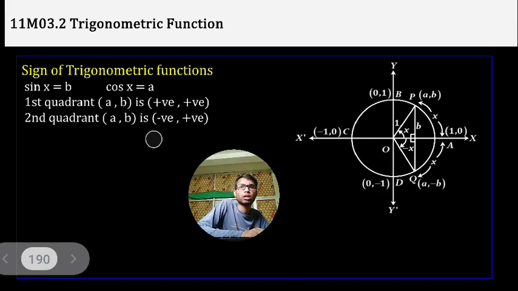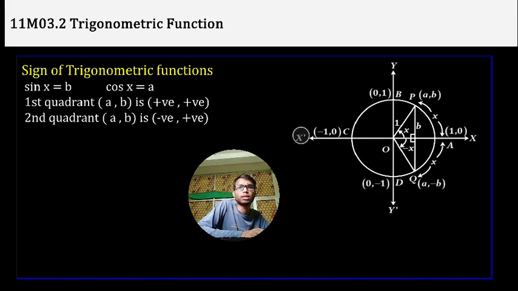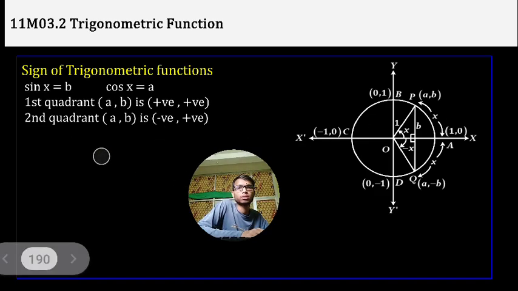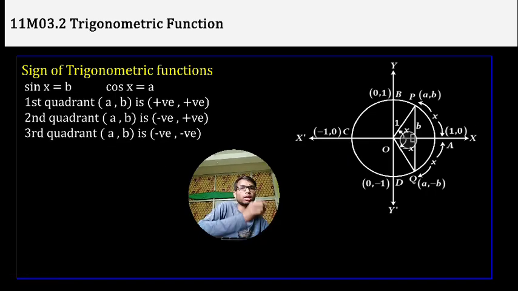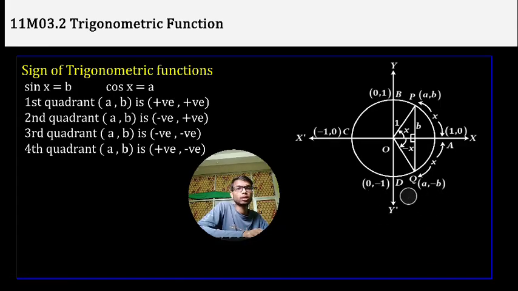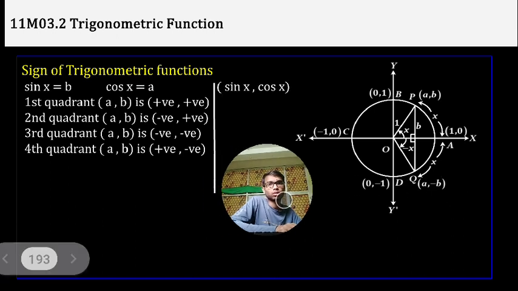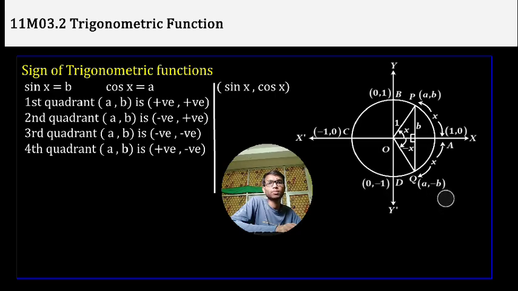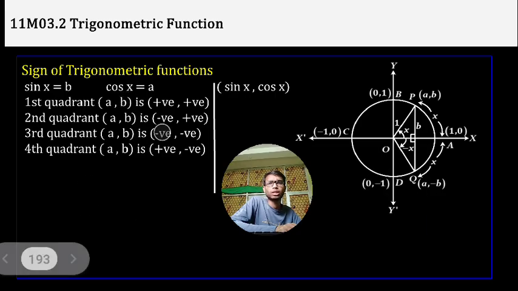In the second quadrant, a is minus and b is plus. In the third quadrant, a is minus and b is also minus. And in the fourth quadrant, only b is minus, and x would be plus, and y is minus. We are crystal clear about this.